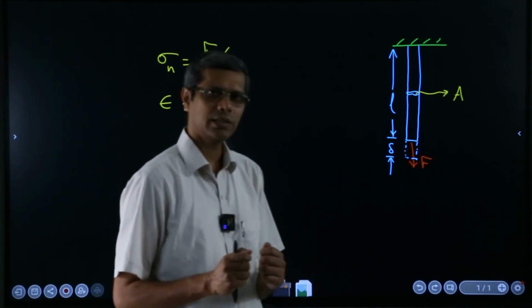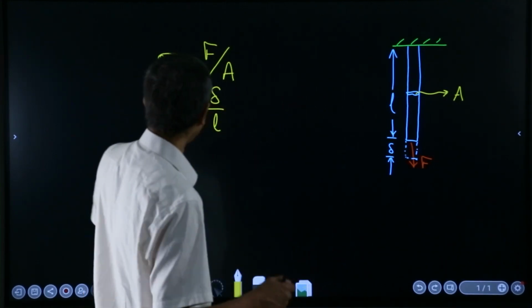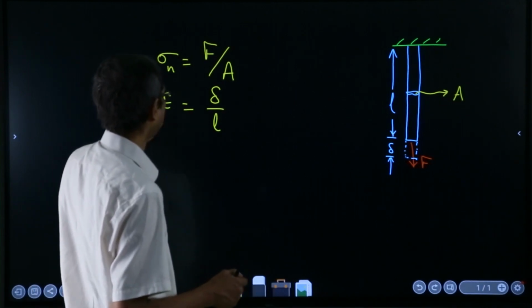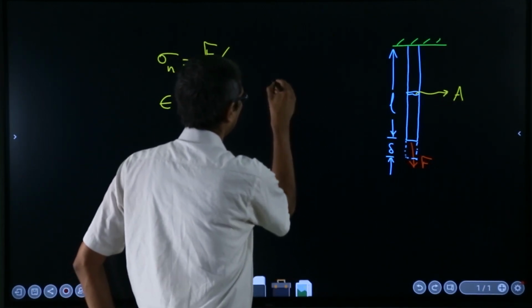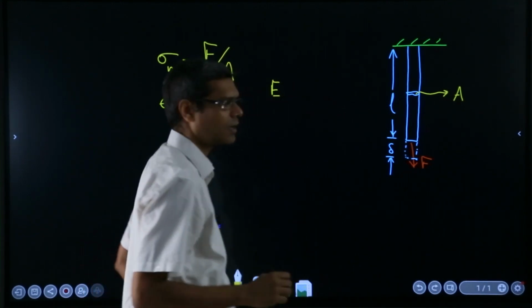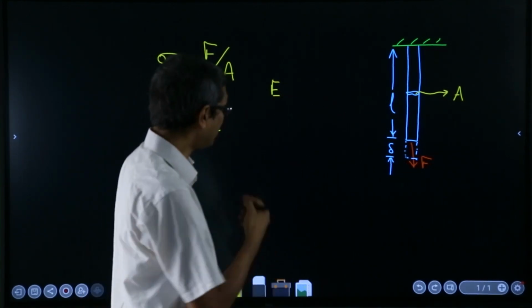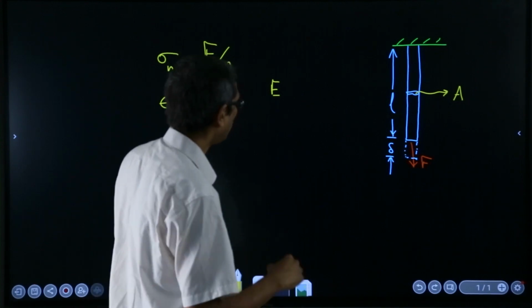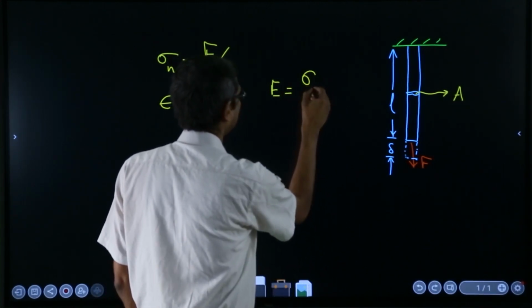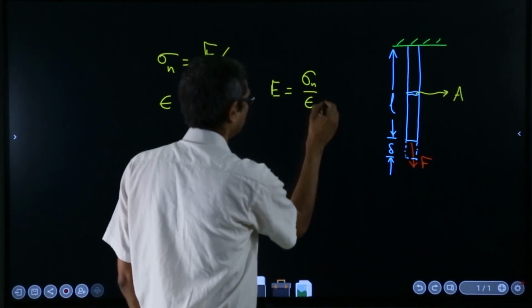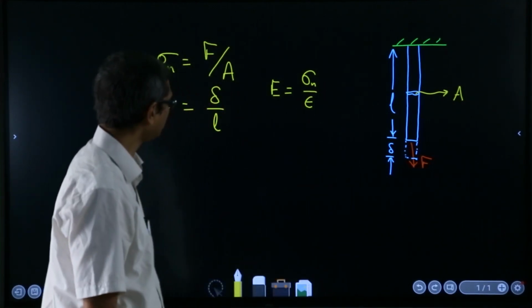So it is the material which decides the relationship between them. All of you know the Young's modulus, which we will represent with the term E, not Y generally. That will be sigma over epsilon.